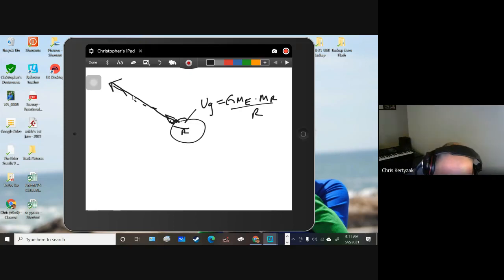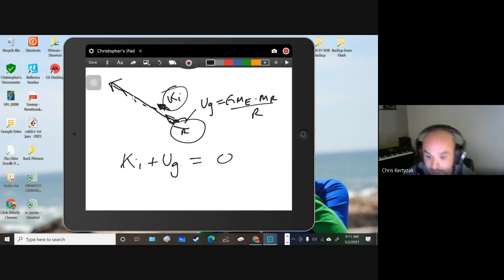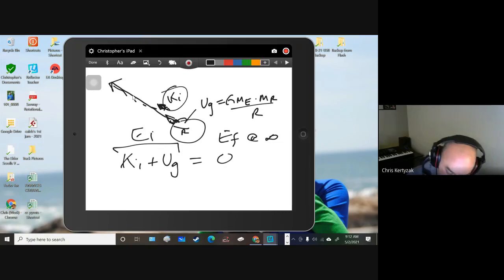And it's going to be reaching some burn speed, not right away, but after burning for 10 minutes maybe, the rocket has to reach some kinetic energy. Then all of that energy at the beginning equals 0 at the end. This is E final, all the way out at infinity. So why are we doing this?